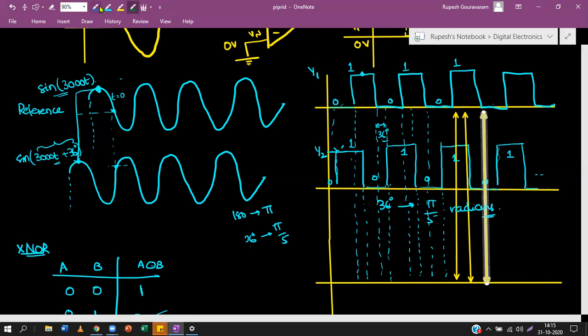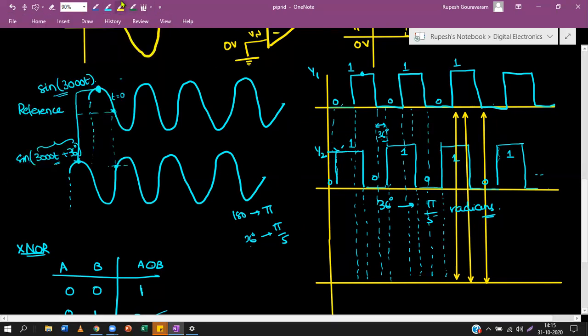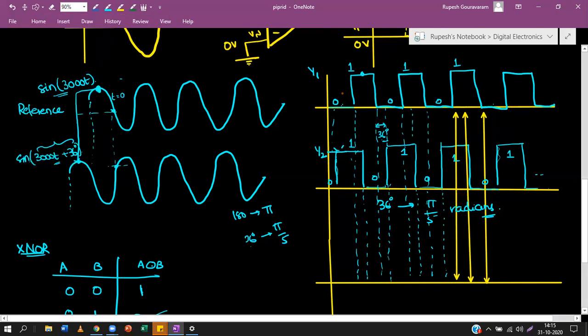So when I try to draw the final output, we know whenever it is 0, 1, this will be 0, and whenever it is 1 1, then it is 1.